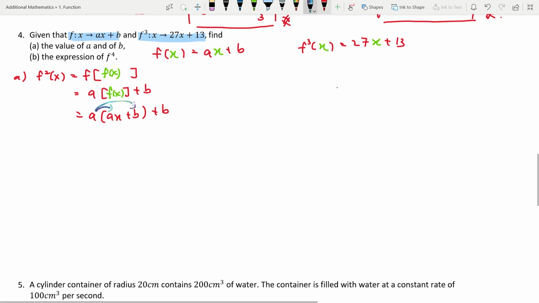Expand the bracket, we get a²x plus ab plus b.